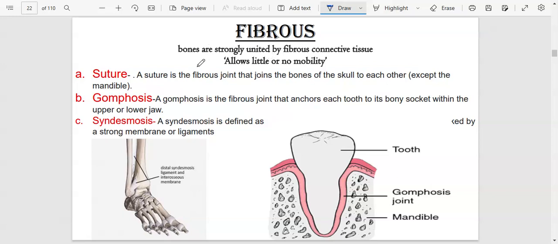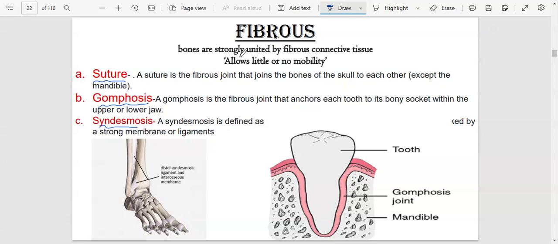So examples that we can talk about, we have got sutures, we have got gomphosis, we also have syndesmosis. So these all are types of fibrous joints which allow little or no movement. All right, little or no movement.